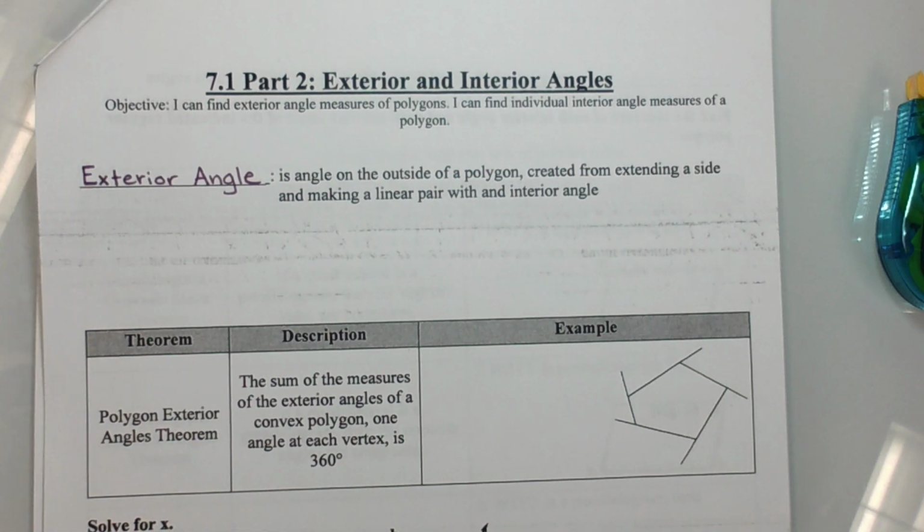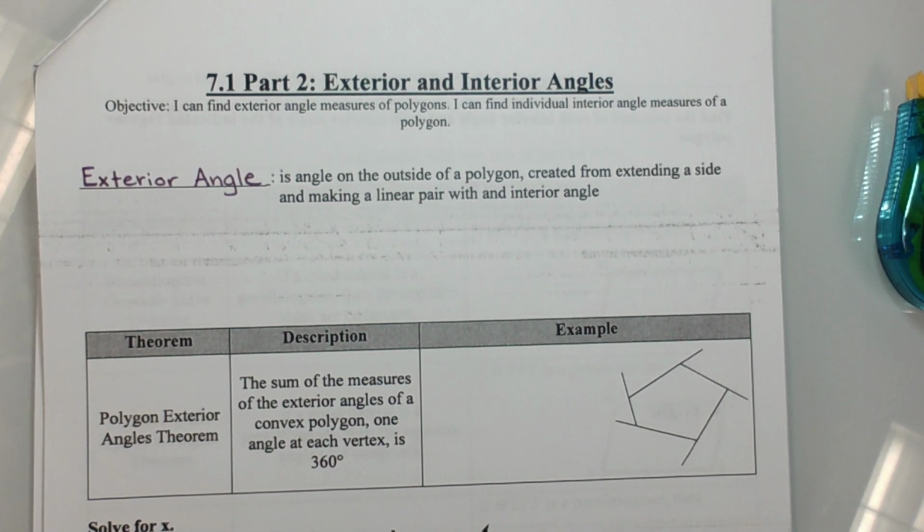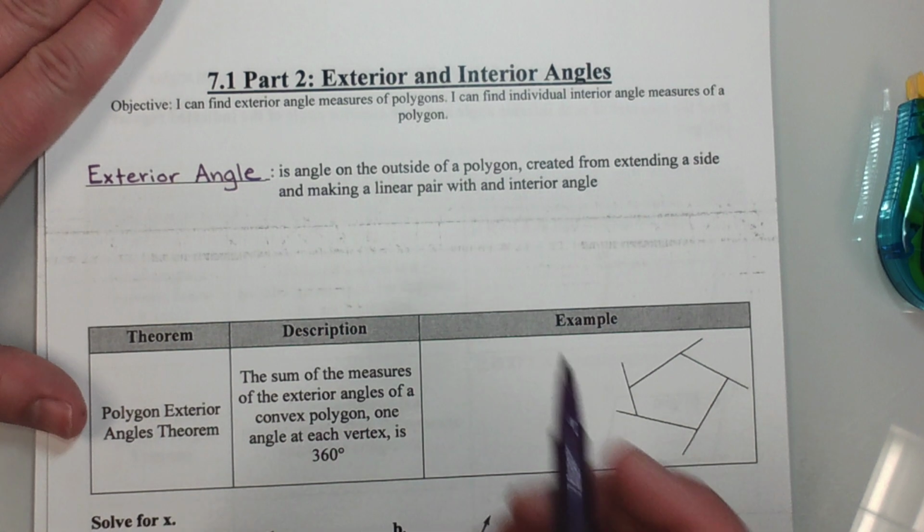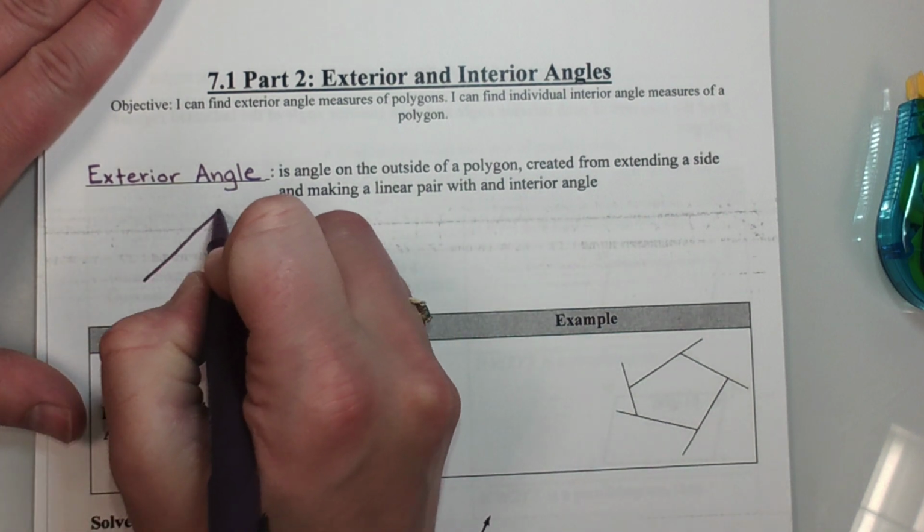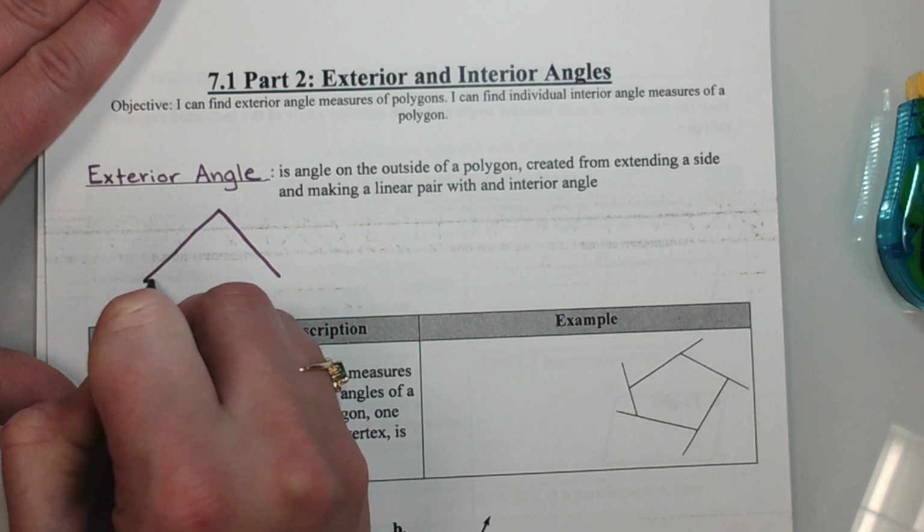An exterior angle is an angle outside of the polygon, created from extending one of the sides and making a linear pair with the interior angle. Now, we dealt with exterior angles when we had triangles.